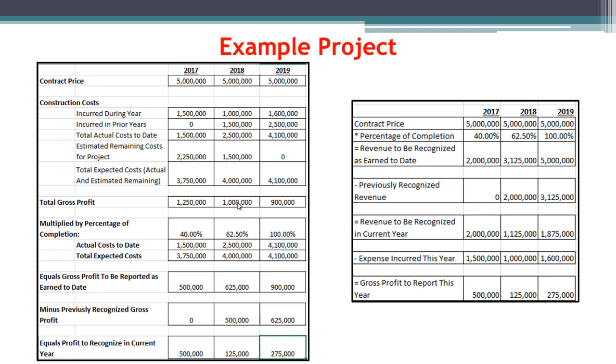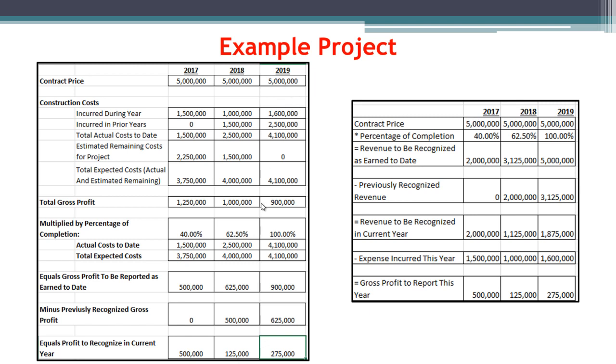Our profit estimate is now a little bit less, but we want to make sure we're up to 62.5% of it. So that means by this point, between last year and this year, we need to have reported $625,000. We know that we already reported $500,000, so that means we have $125,000 left to report this year.